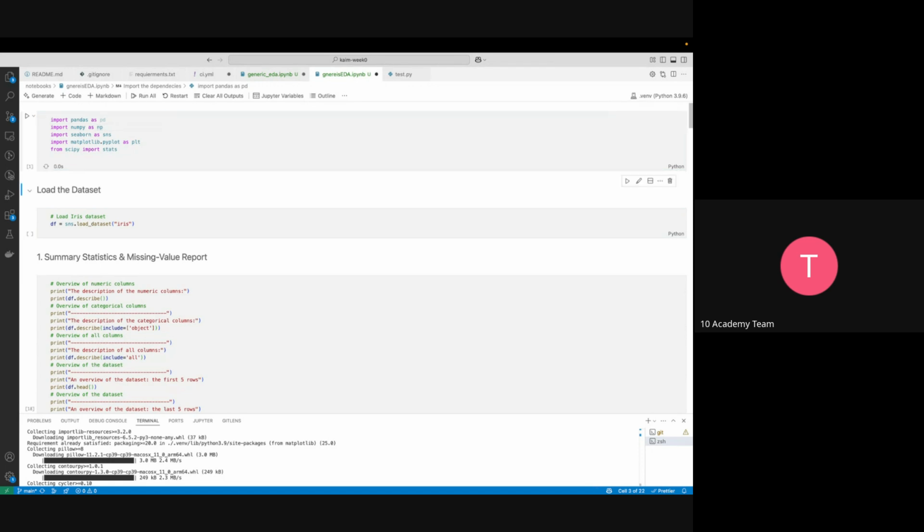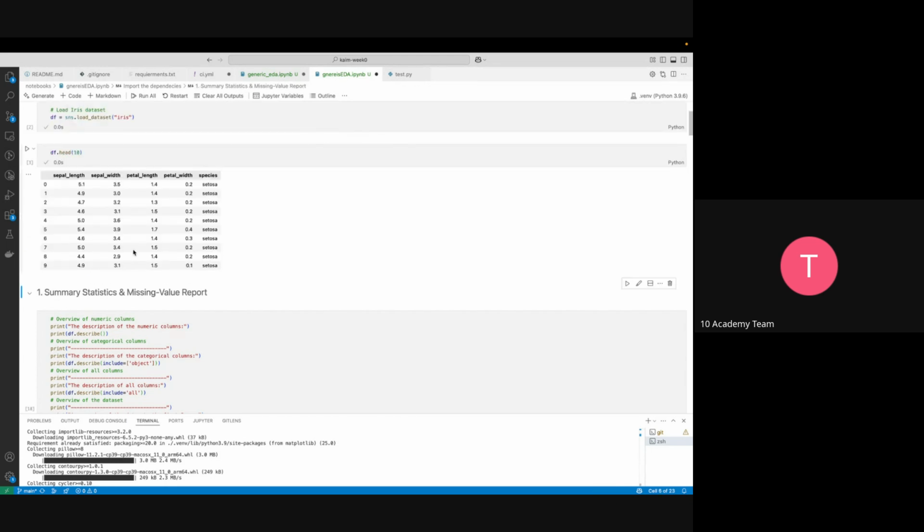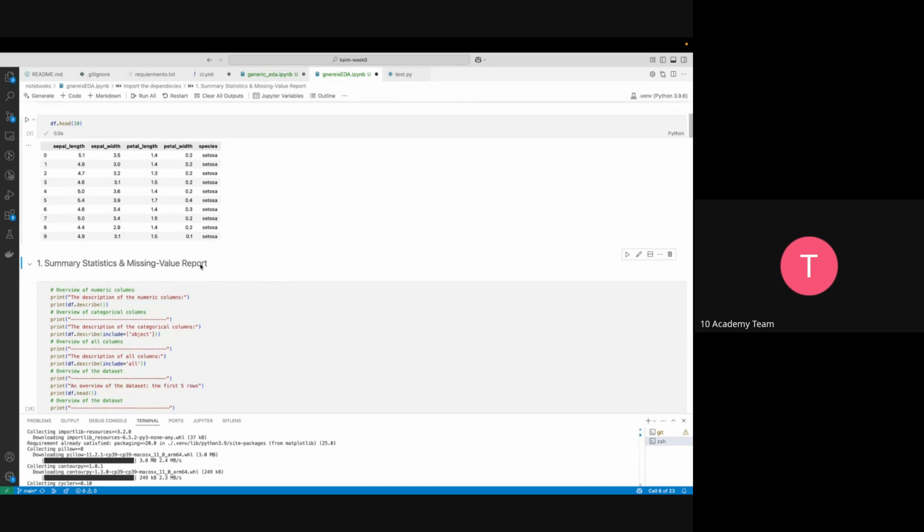Once the dependencies are loaded, I'm going to load the dataset and take a look at its head, let's say 10. These are the top 10 rows. Here you can see the sepal length, the green part of the flower, its width, and the petal, the colorful part, its length and width, and the species. We have 3 species. This is the dataset we're going to work with.